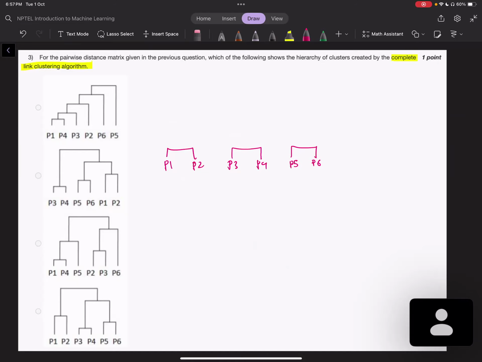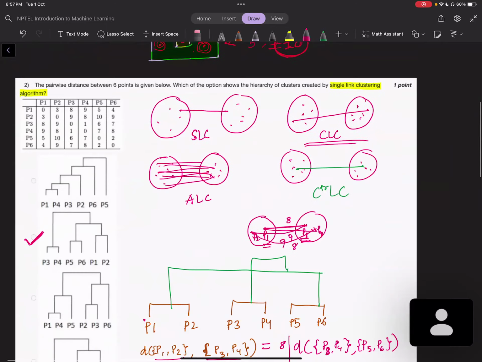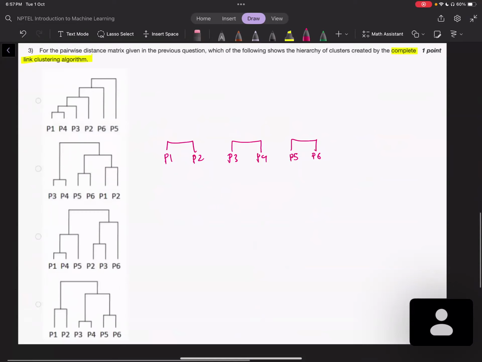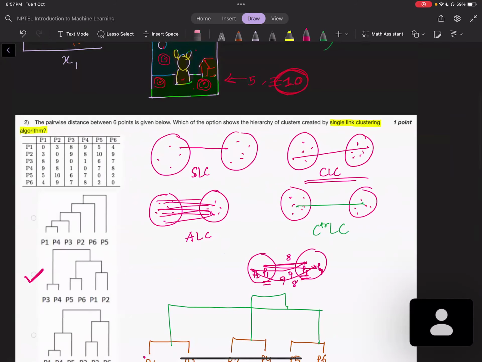So then you have to find the distance between all these points, which will not take much time. The distance between P1, P2 and P3, P4 would be 8 and 9. This one will be 9.